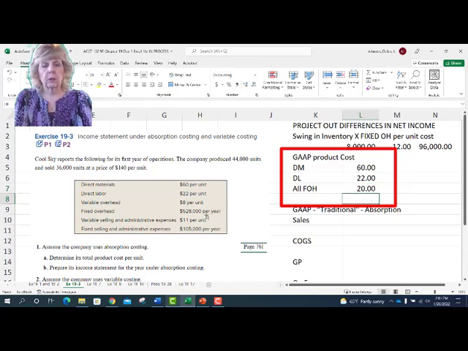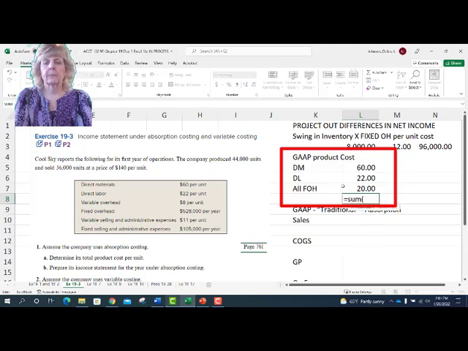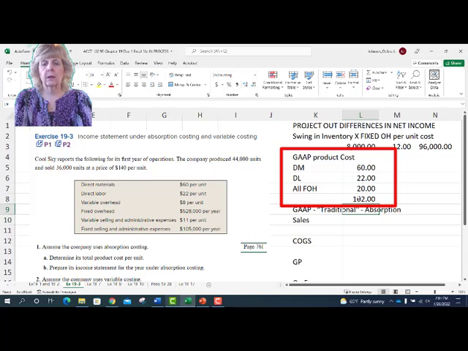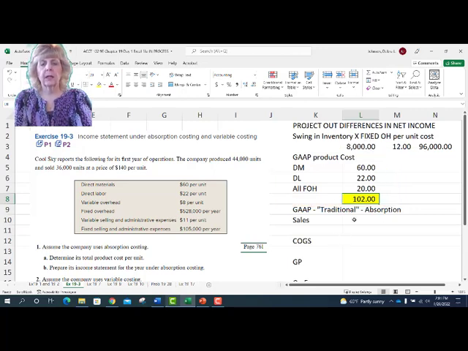How did we get that $20? 8 in variable overhead plus the 12 in fixed overhead that we just computed. Once we sum that up, we'll have our GAAP product cost that will be used in a GAAP income statement. Okay, we came up with $102. Let's do the income statement.